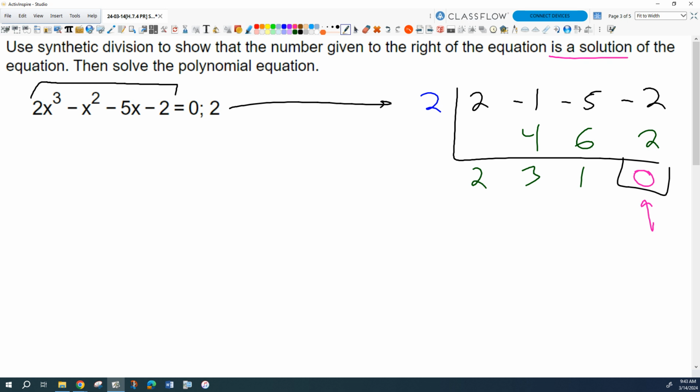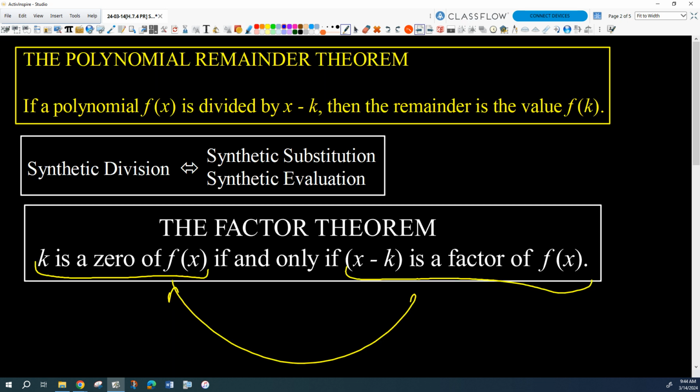So my goal here was to break this function up into a product of factors. Well, one of my factors I know, what is it? X minus 2, right? I get that from the fact that I know 2 is a 0. If 2 is a 0, x minus 2 is a factor. That's what the factor theorem tells us. If k is a 0, then x minus k is a factor, right?